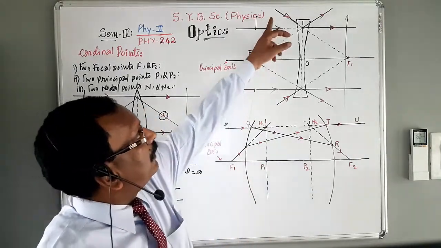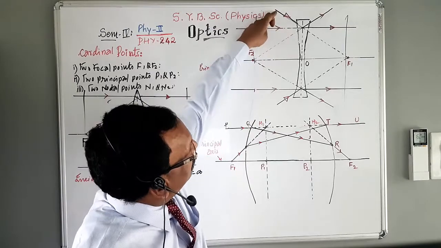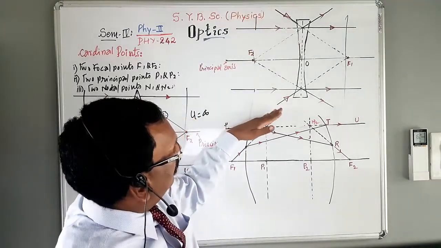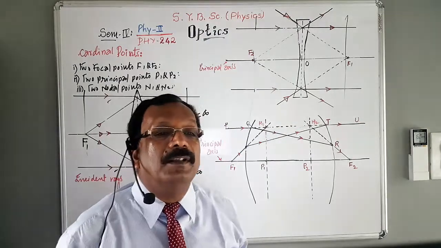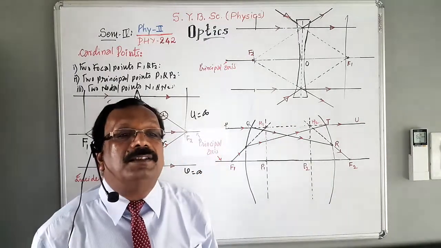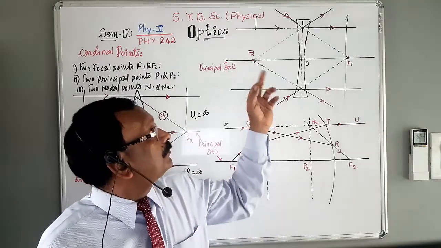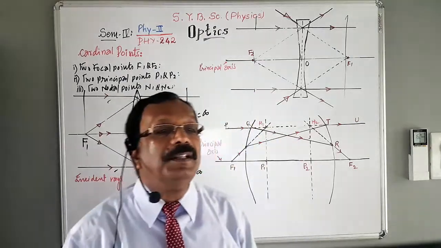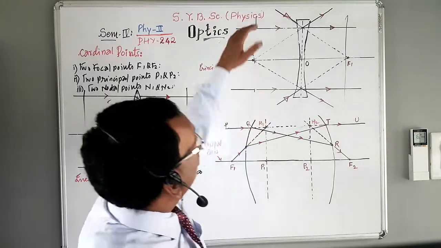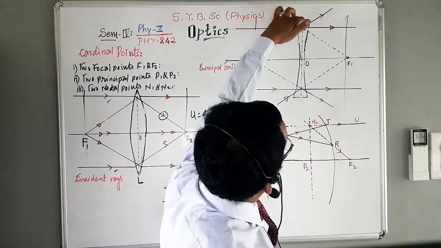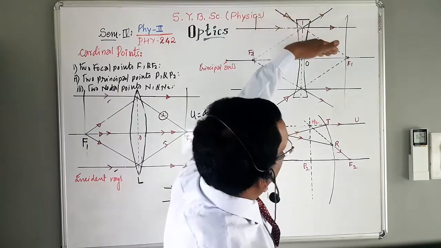Similarly, consider another type of rays. This ray is coming from this position and this one is also coming from this position. These types of rays, from an axial point F1, after refraction go parallel to the principal axis.